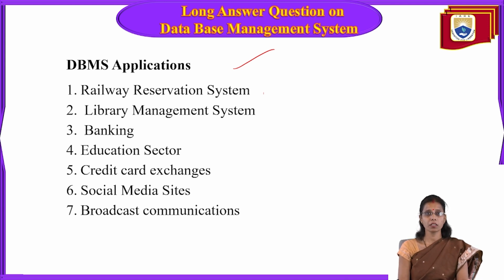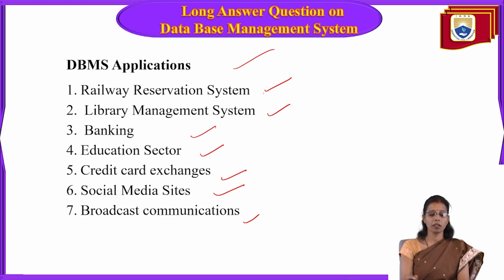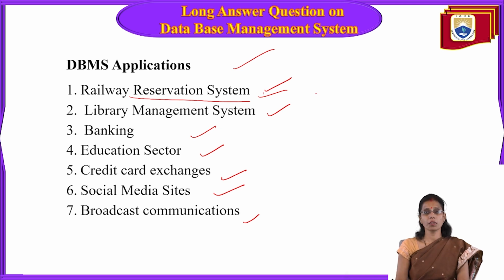Now DBMS applications. Let's see how DBMS is helpful in different applications. The DBMS applications we have here are railway reservation systems, library management systems, banking, the education sector, credit card exchanges, social media sites, and broadcast communication. Here, how is DBMS helpful in the railway reservation system? When any reservation is to be made, a lot of data is fed into the system. Once you want to travel from one place to another, all the information is saved in the database beforehand.